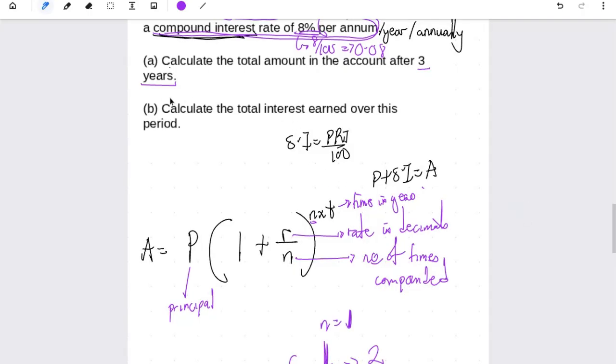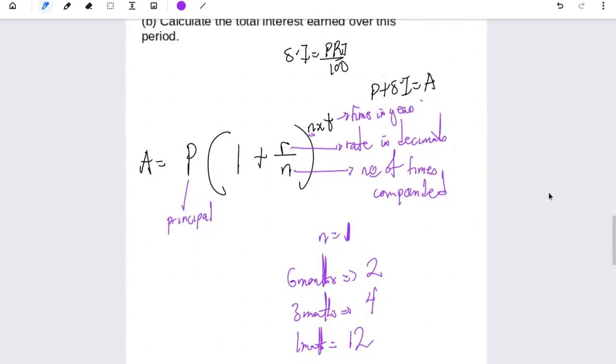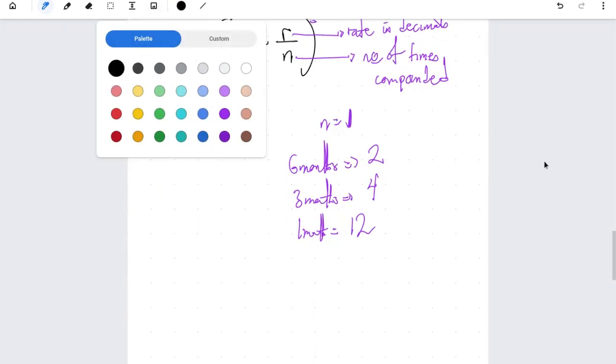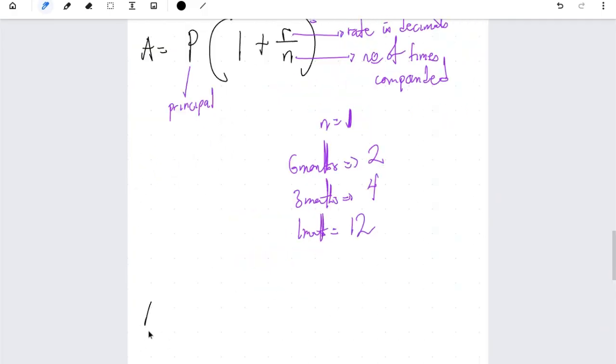Now let's answer the question. The total amount in the account after 3 years, we now start to input everything. So let me go back to black. A, the amount, is equal to what's our principal? The P was, let me write everything out, $500,000. The R, which was 8%, now became 0.08.